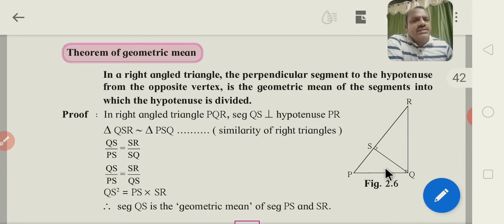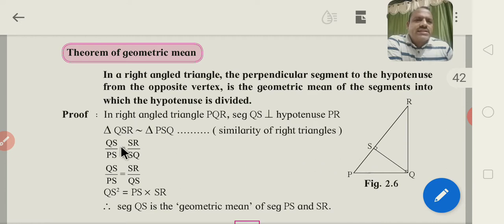The first triangle is QSR, this upper triangle, and another triangle created here is PSQ. Both these triangles are similar because of the similarity of right angle triangles, and hence triangle QSR is similar to triangle PSQ.